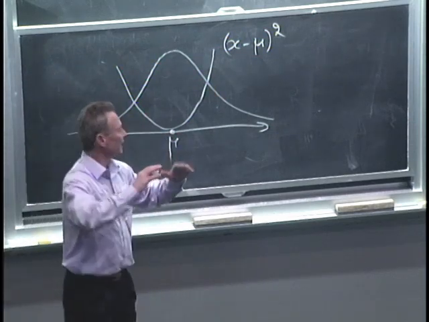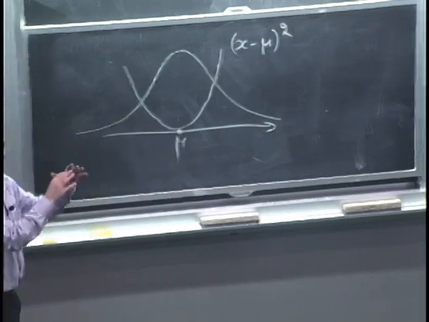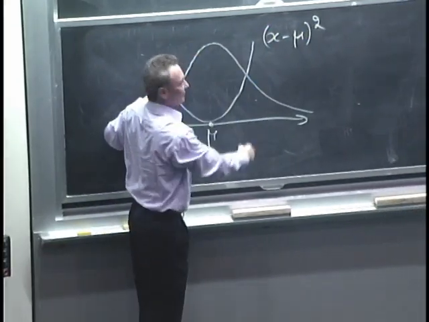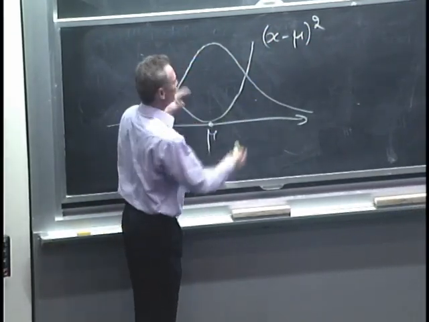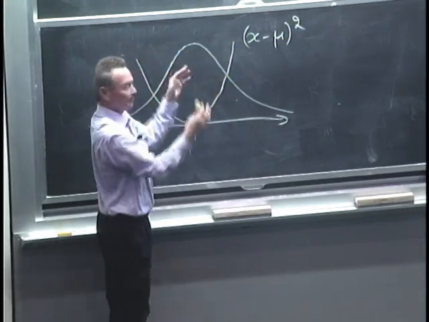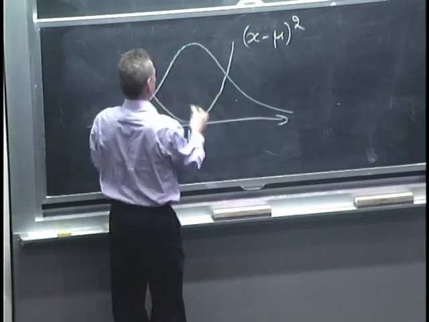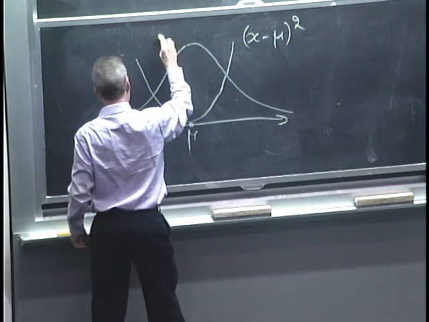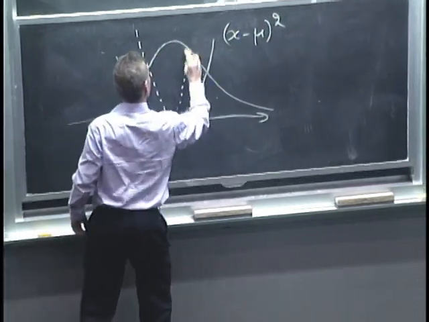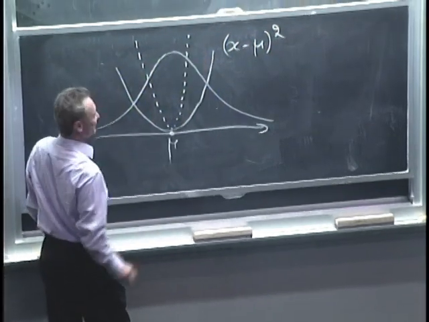Now, I may wish to control the width of my density. To control the width of my density, equivalently, I can control the width of my parabola. If my parabola is narrower, if my parabola looks like this, what's going to happen to the density?